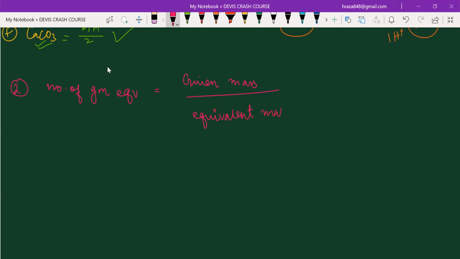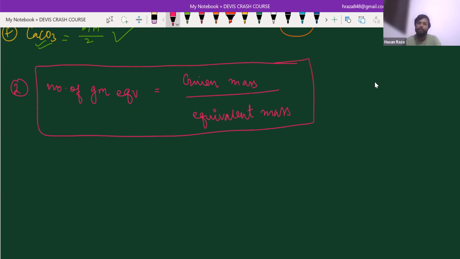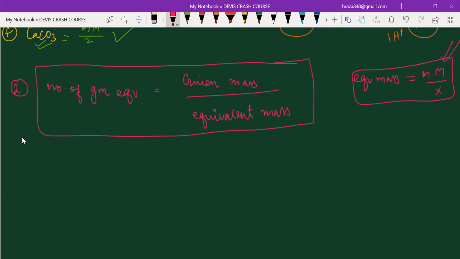So you have to calculate equivalent mass because we have a formula for equivalent mass, that is molar mass upon X. Sometimes equivalent mass will be equal to molar mass in case of valence factor equals 1, and sometimes it will be lesser, right? So please do write it from here.